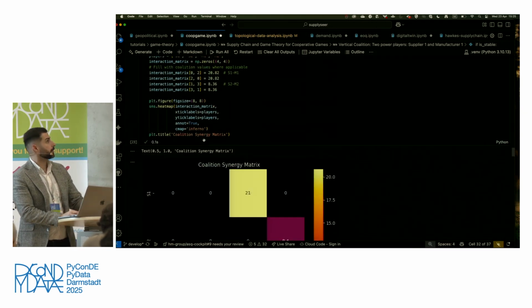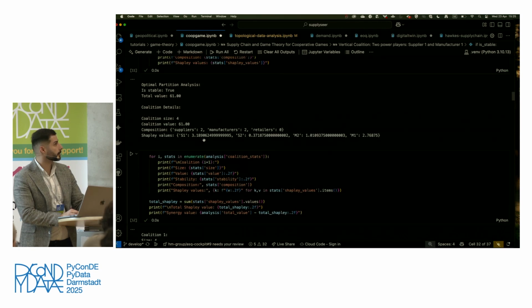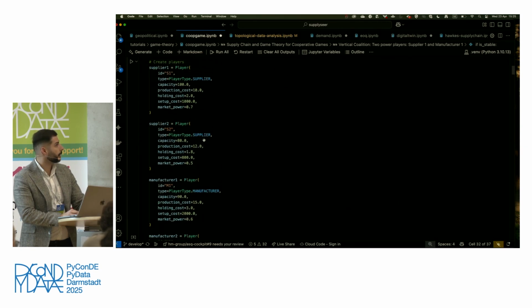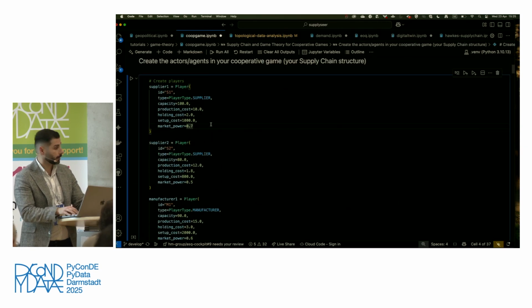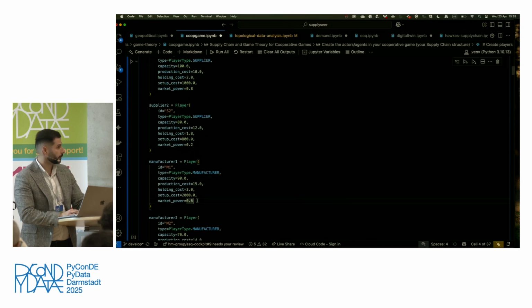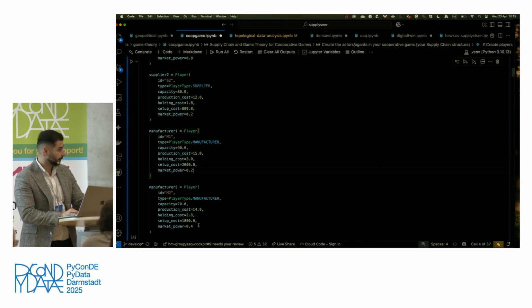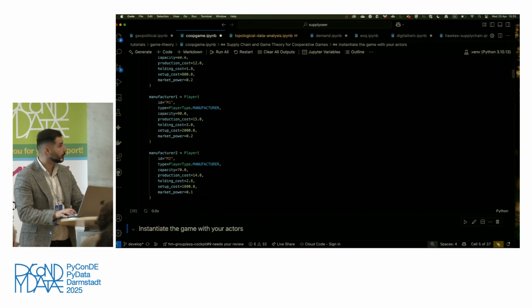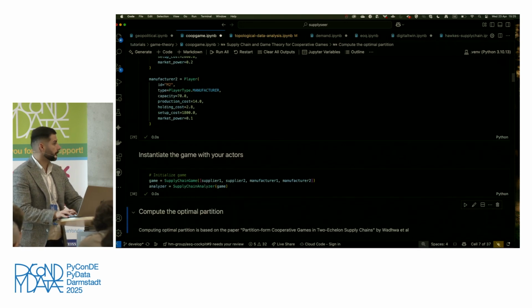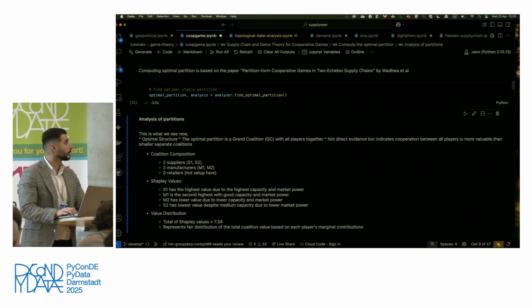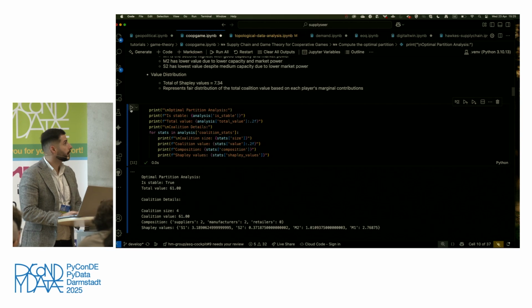Let's make it asymmetric. Let's say that one of them actually has almost all the power. Let's do 8. Let's call this one market power 2, market power 2, and this one market power 1. Let's instantiate the game. Let's look at the partition analysis.